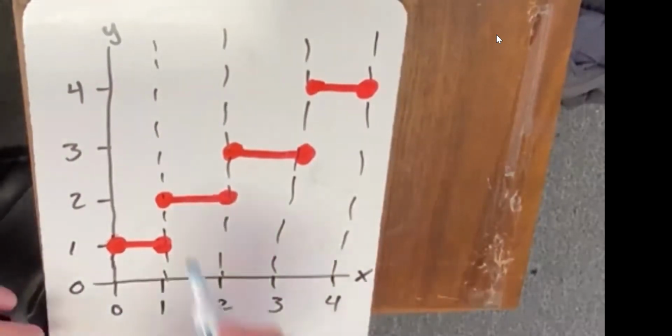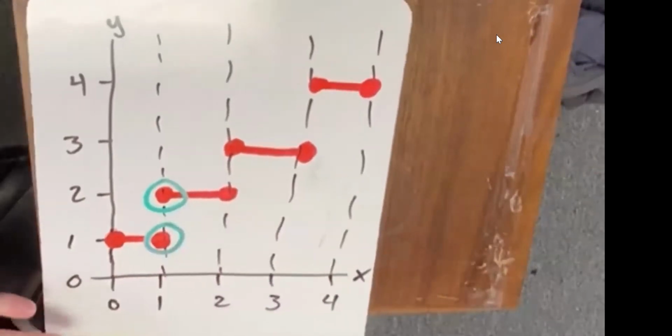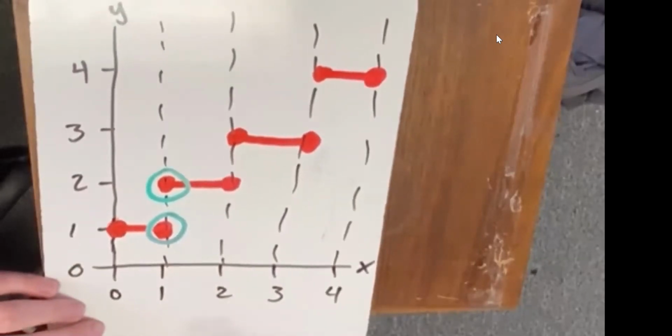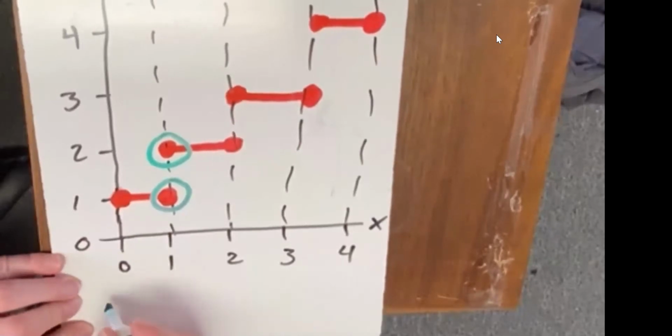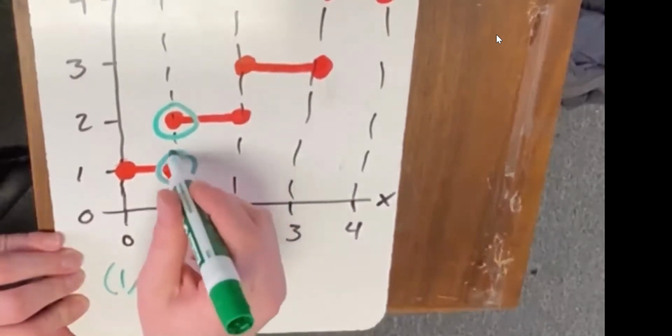Why, yes, there is. Right here, we have 2 points that intersect on the x-axis. We cannot have that. What this would look like as an ordered pair is 1 and 1, and that would be this first point right here.